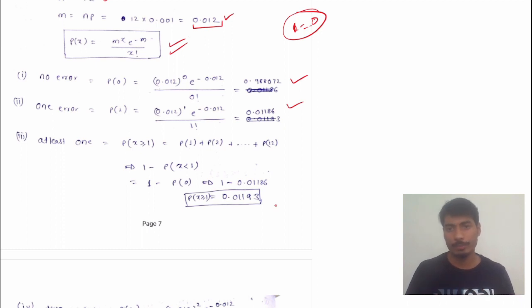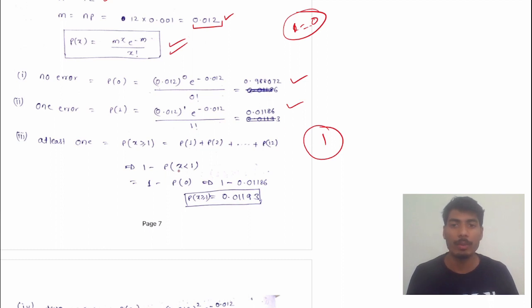Now see, at least one means we take 1 and more than 1: probability of 1, probability of 2, probability of 3, up to probability of 12. This is very lengthy, as we would have to use the Poisson distribution for 1, 2, 3, 4 up to 12. So what we did is use the fact that the total probability range is 1.